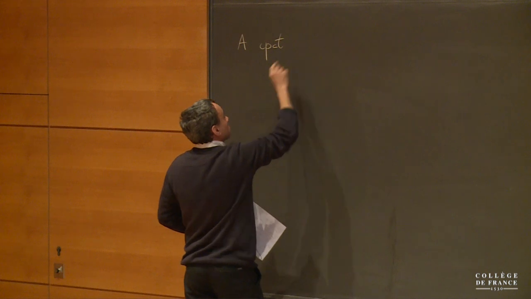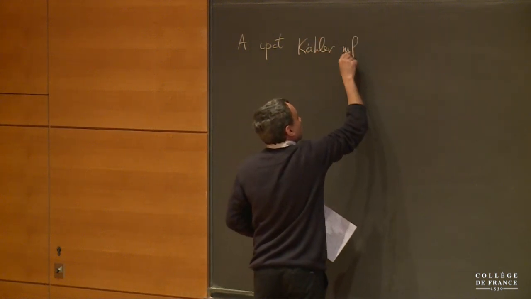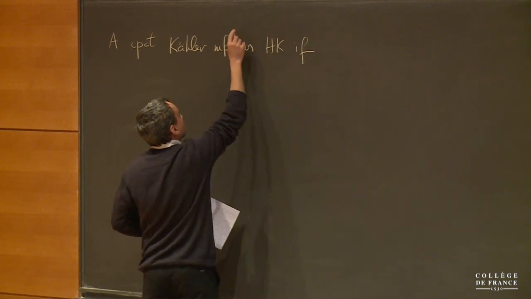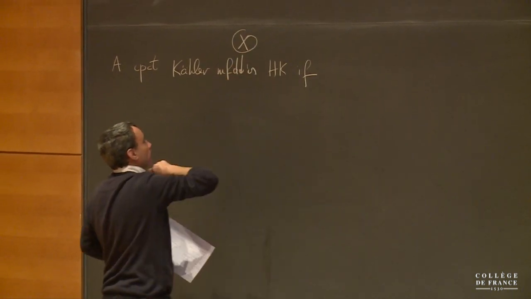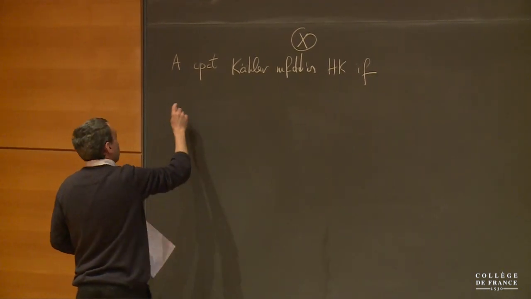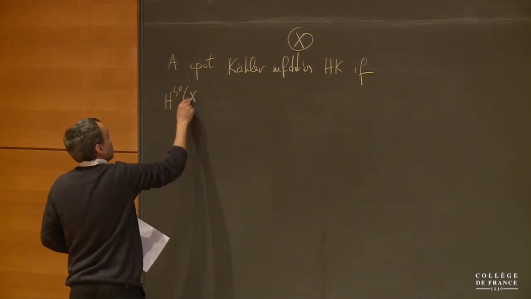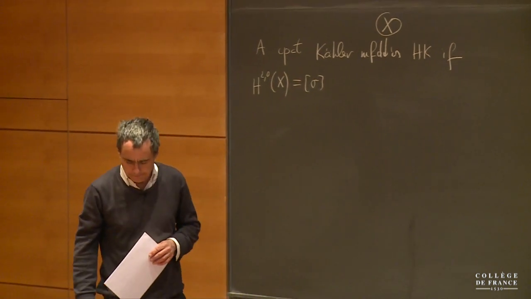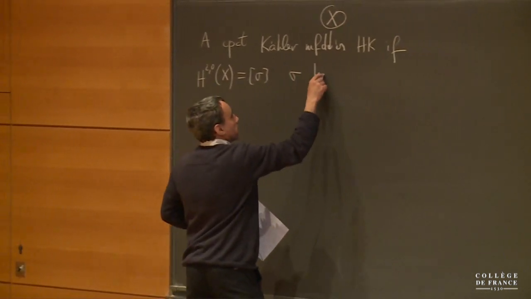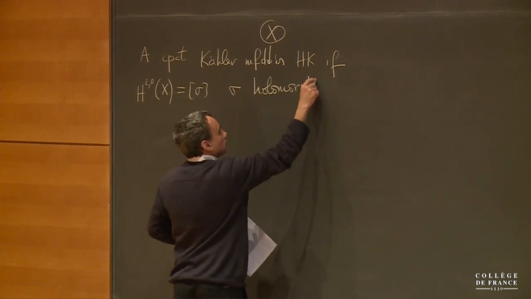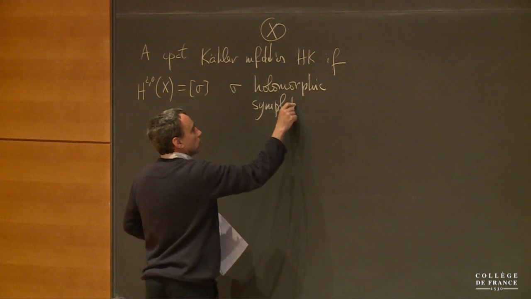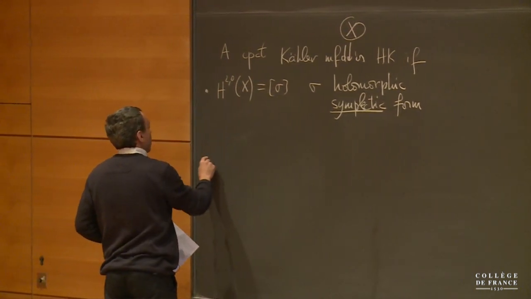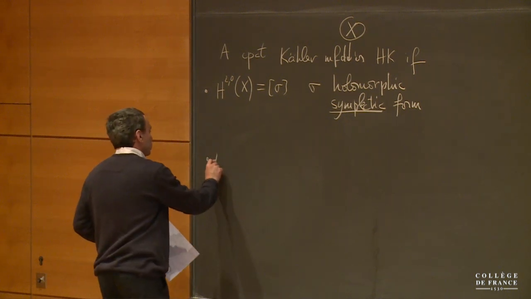It's going to be a compact Kähler manifold X that is Hyper-Kähler if H^{2,0} is spanned by the class of a holomorphic symplectic form. And we ask that X is simply connected.